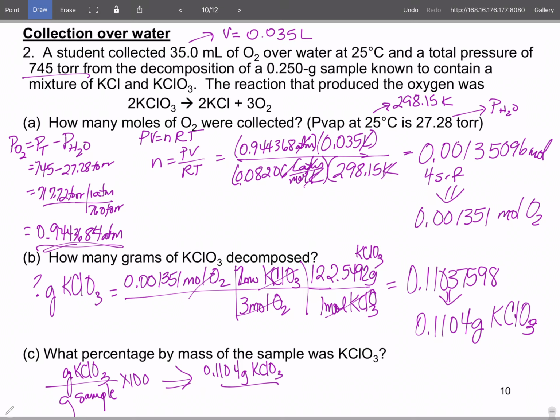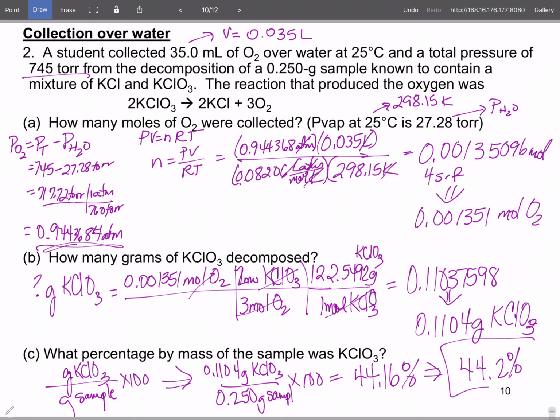Oh, a 0.250 gram sample, times 100 is equal to a whopping 44.16%. And since the second one only had 3 significant figures, we'll do 44.2% is my sample mass.